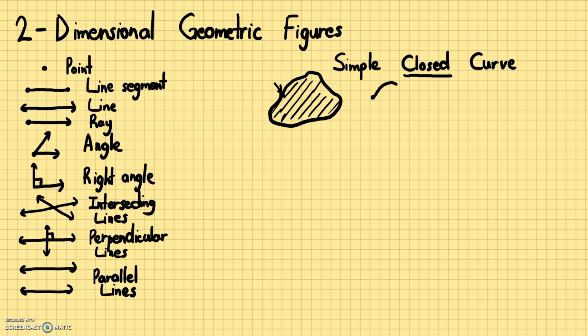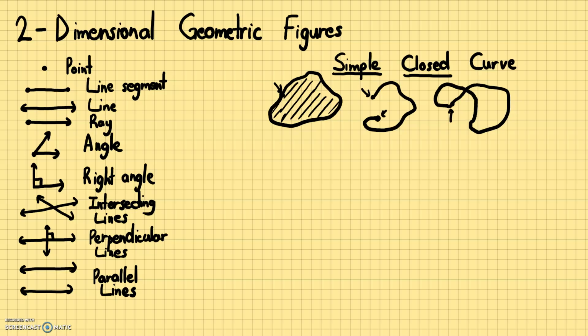If I had something like this, and then it ends here, this one started here but ended here, so this is not a closed curve. Okay? And what I mean by simple, is that even if I started and I'm ending at the same point, I can't cross.